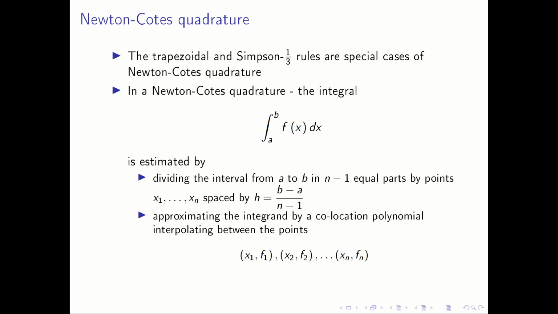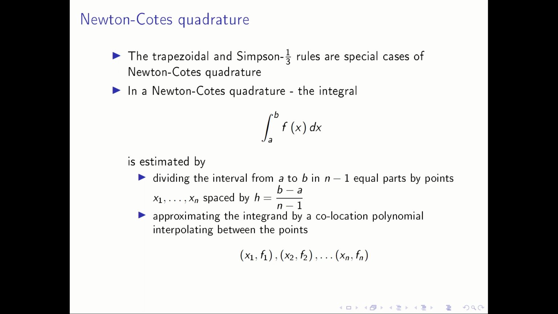What this means is that instead of looking at all the points on the curve, of which there are infinitely many, we are looking at just the n points on the curve corresponding to the n minus 1 intervals into which my interval for integration, b minus a, has been divided.